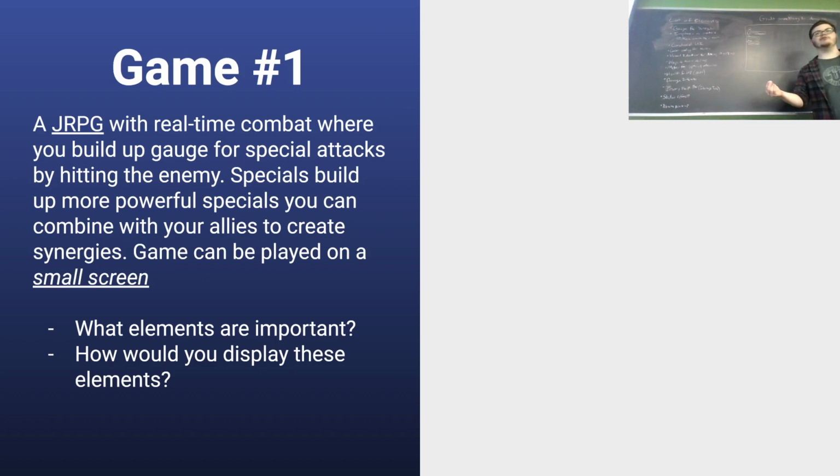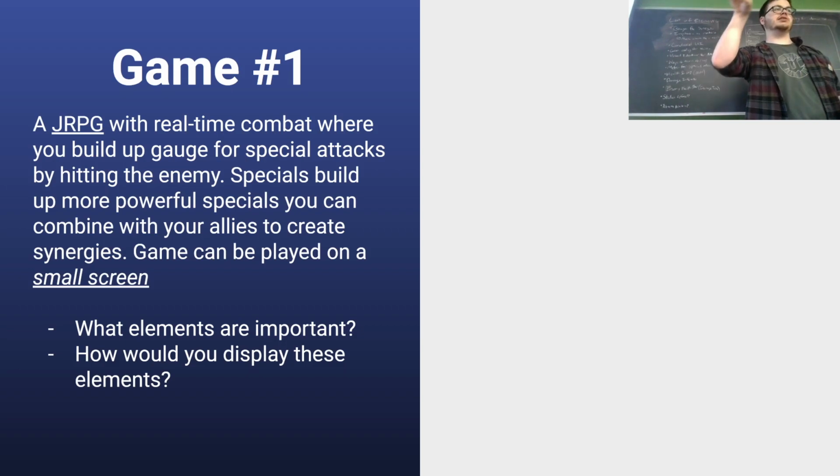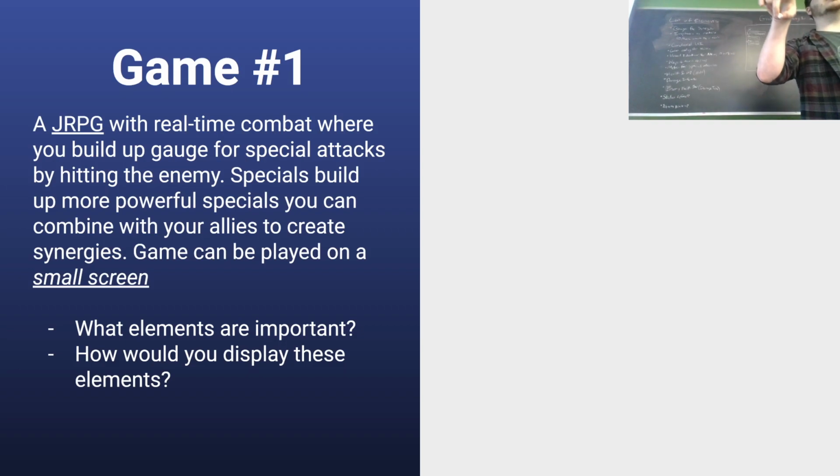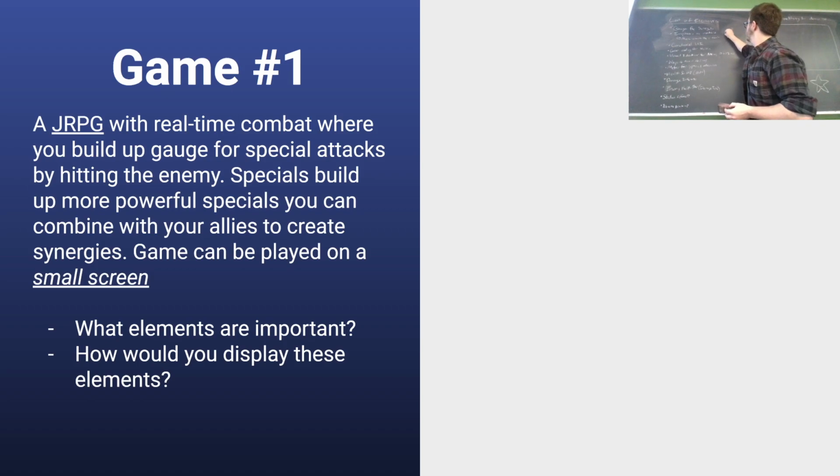I'll give you a little hint for the control scheme. The control scheme is using the right button faces, so each one corresponds to a different special, like A, B, X, Y. That's just how it works.